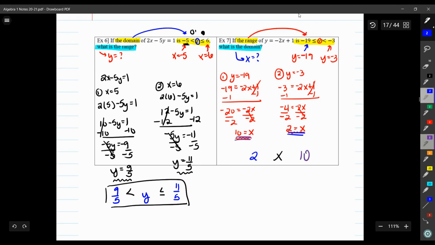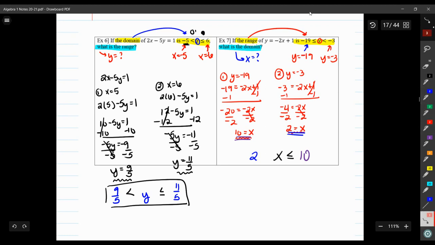Now we need to figure out our symbols. It's either less than or equal to. So let's take a look at our original range. On the y value, the negative 19 had a less than or equal to. So that means its corresponding x value also has to have less than or equal to. So when we plugged in negative 19, it resulted in a 10. So that means the 10 has a less than or equal to.